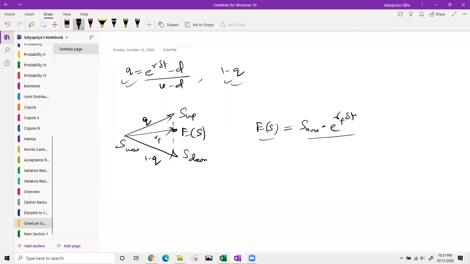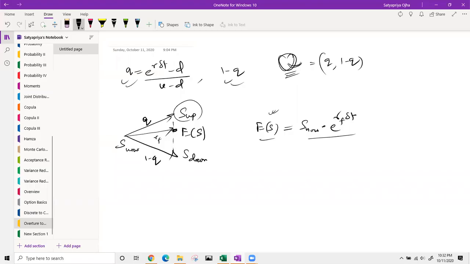Now, if the average stock price grows at risk-free rate under the risk neutral probability Q, where Q is just Q and 1 minus Q, this pair, then if I discount the stock price using the same risk-free rate, the discounted stock price will not grow at all. Make sense?